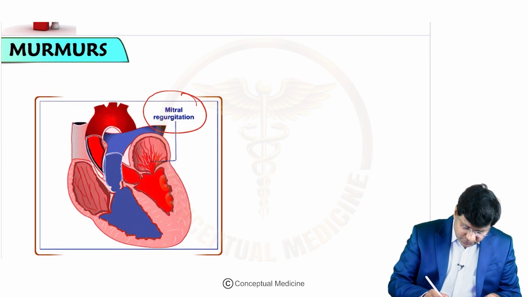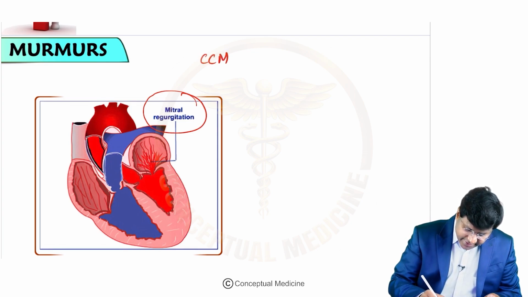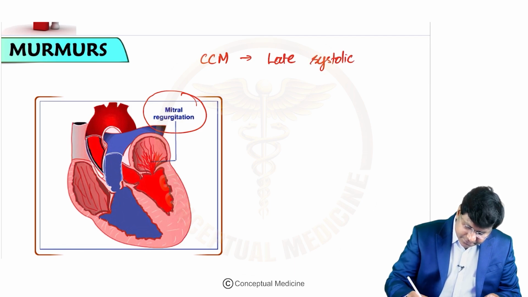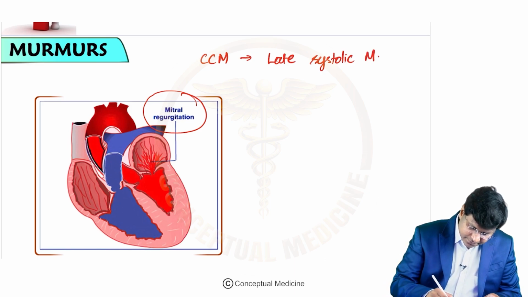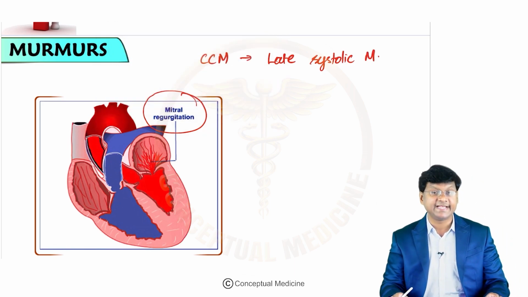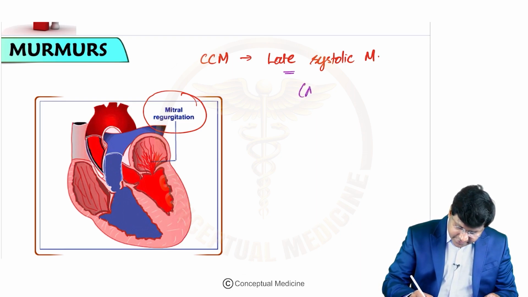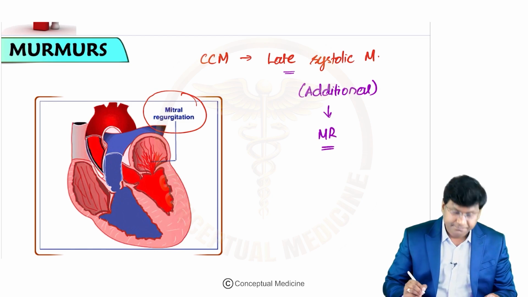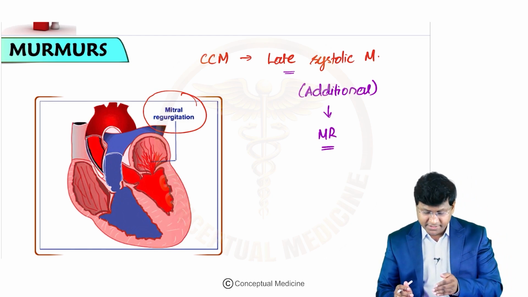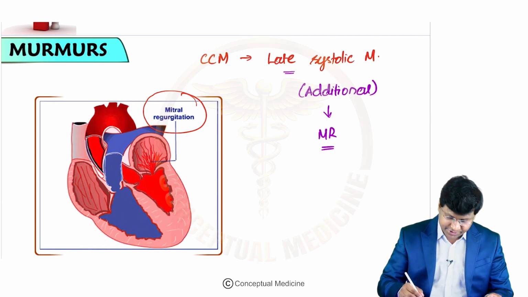So what did I tell you about the Carey Coombs murmur? It is a late systolic murmur, and this is an additional murmur that you will hear in patients with mitral regurgitation.